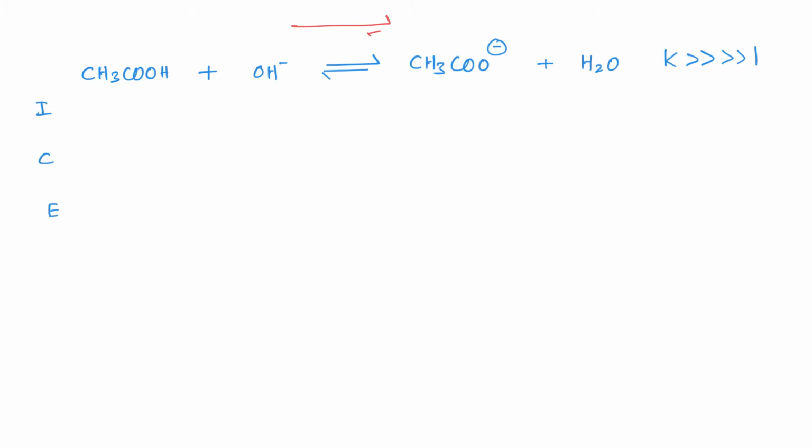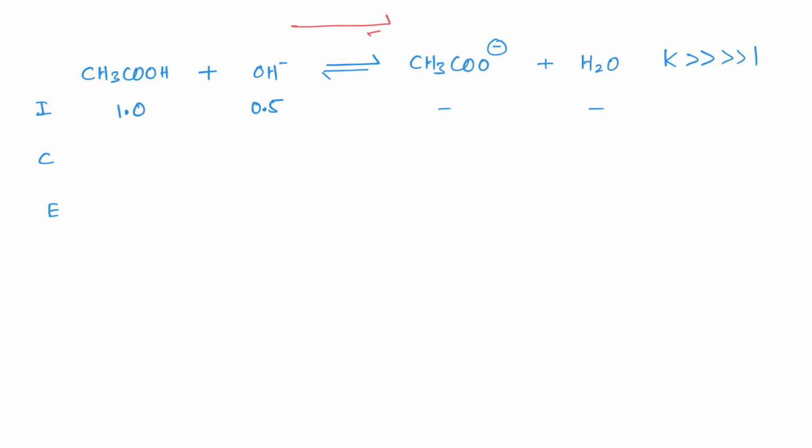Now let us set up an ICE chart. At the beginning, we have 1 molar acetic acid, half a molar OH minus ion, a very negligible quantity of acetate ion, and we do not have to worry about water.